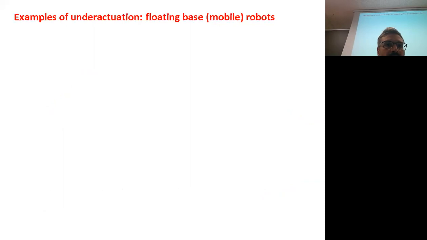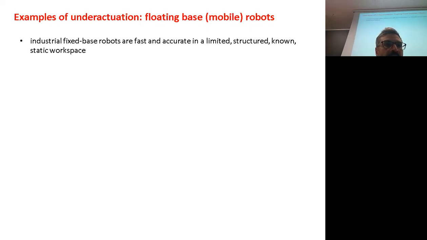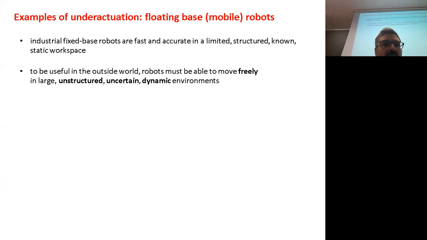As examples of underactuation, we have, in addition to the Pendubot and Acrobot we already saw, the floating base robots, or better said, the mobile robots. And the mobile robots extend the capability of fixed base robots, the industrial ones, because they allow us to move freely in a large, unstructured and dynamic environment.